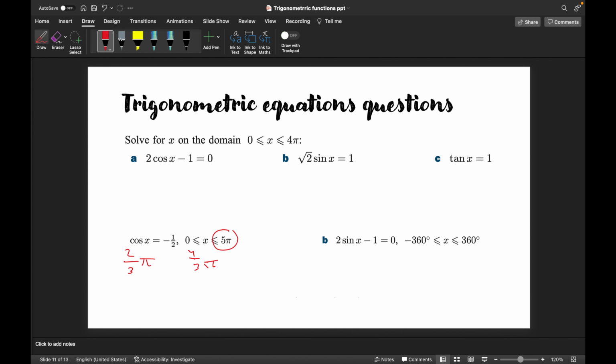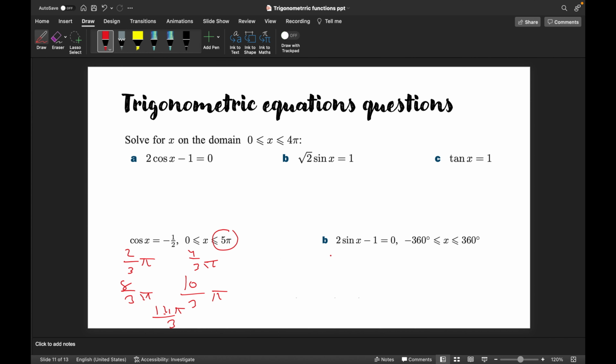And then we just have to add 2 pi to this, it's going to be 8 by 3 pi, and 10 by 3 pi. And now let's try to add 2 pi to this. It's still in the range, so the final answer would be 14 pi by 3. This is the answer.